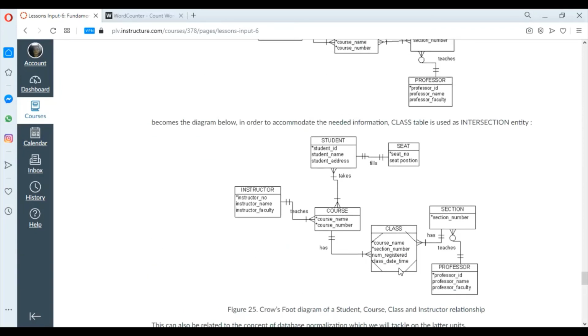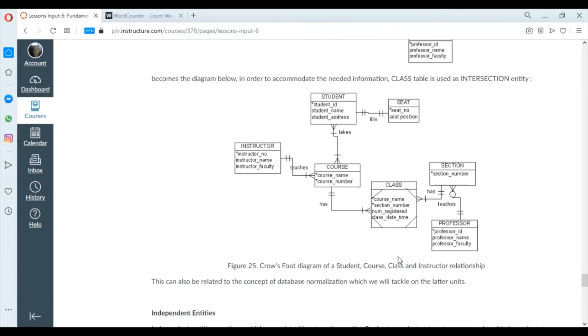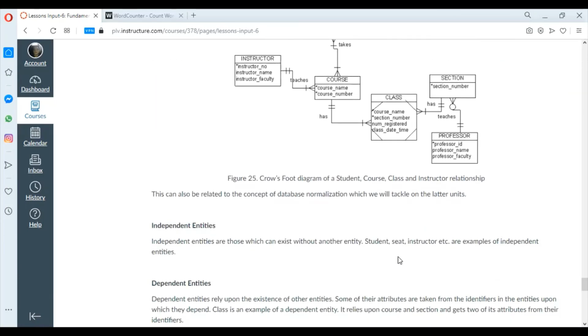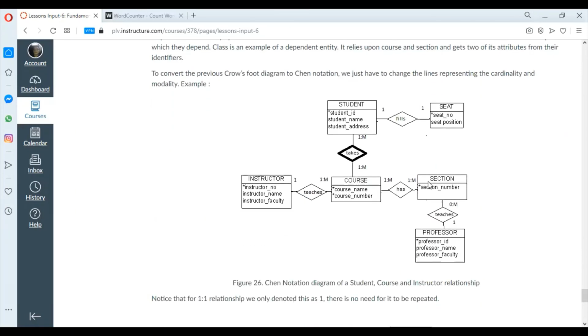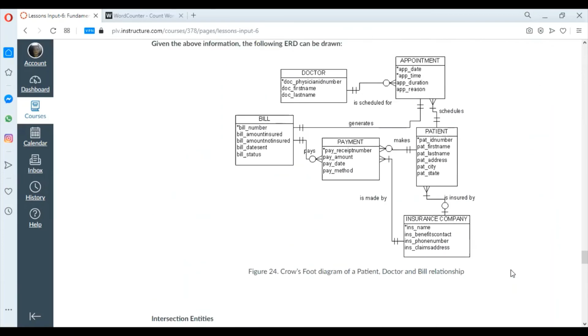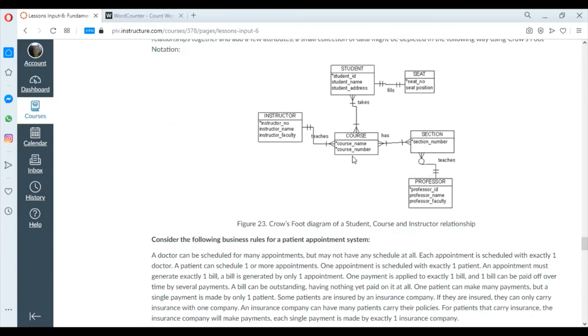Basically, with regards to the entity relationship diagram, our focus is to create diagrams and not to dwell on the different descriptions or classifications of those entities used. Now, let me show you an example of how we can convert one diagram to another. So in our figure 23, we use a crow's foot.